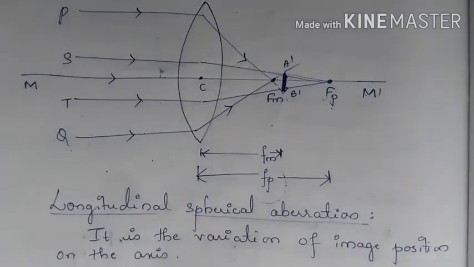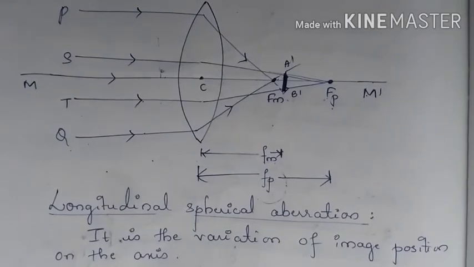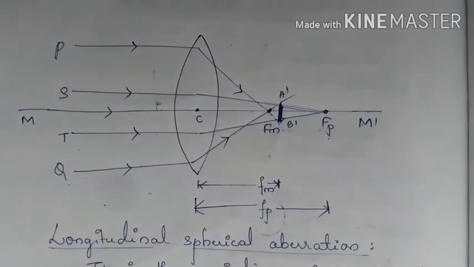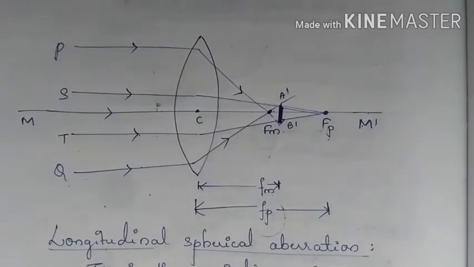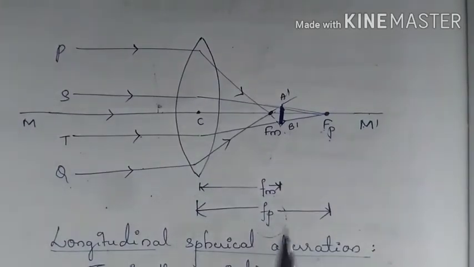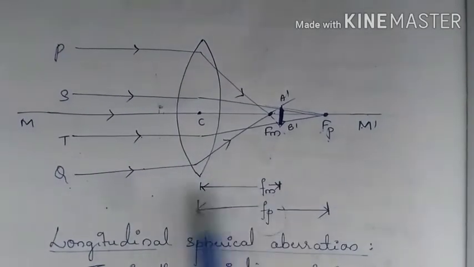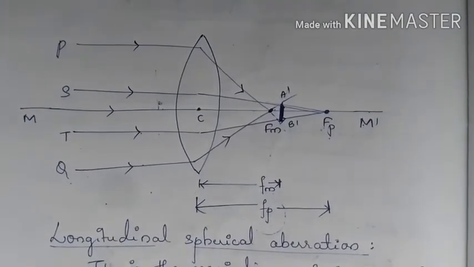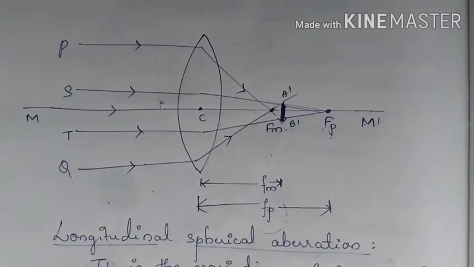The defect which is formed due to this is known as spherical aberration, and due to two different focal points present on the axis, there will be longitudinal spherical aberration, and the difference from Fp to Fm gives the measure of longitudinal spherical aberration. So this is what spherical aberration is.